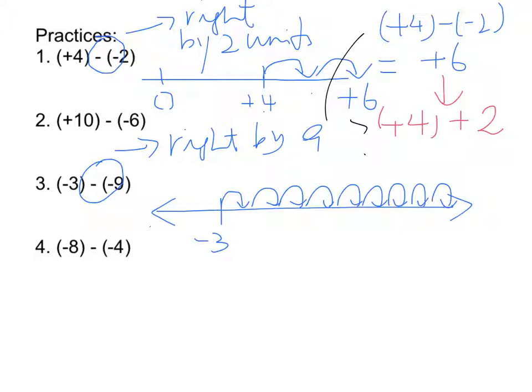And then negative 3, negative 2, negative 1, 0, 1, 2, 3, 4, 5, 6.